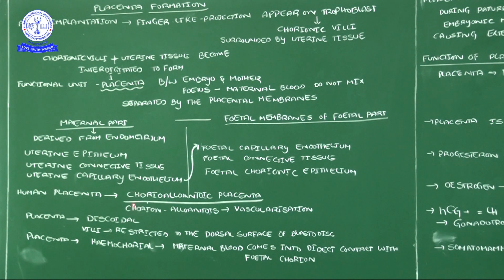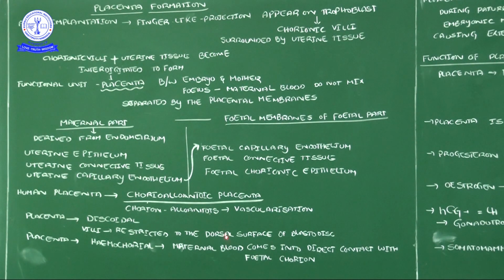The first one is chorion and the third one is allantois. These two extra embryonic membranes play an important role in the formation of the placenta. The chorionic villi, as I already said, form at the place of the trophoblast, by the fusion of the chorion, the first extra embryonic membrane, and the allantois, the third extra embryonic membrane.